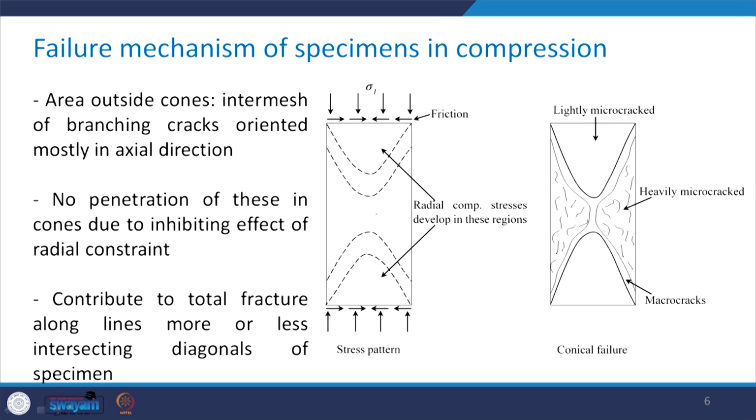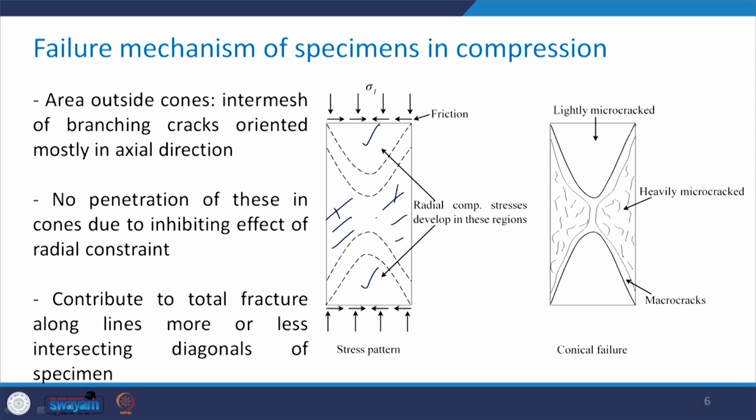Slowly, in the area outside the cone, that is this total area, intermeshing of the branching cracks will be there, and all these will be oriented mostly in the axial direction, that is the direction of the applied stress. Okay. Because of this inhibiting effect of the radial constraints, these cracks will not enter into these two conical zones, and they will contribute to the total fracture along lines more or less intersecting the diagonals of the specimen.